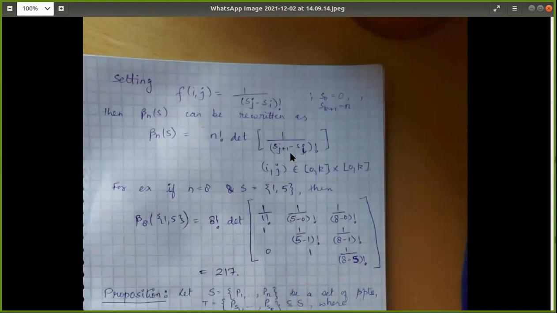So the ijth entry is actually given by, the elements which are involved are S_i and S_j plus 1. So you take one entry up. And this is how you actually reach into the upper triangular sort of matrix.